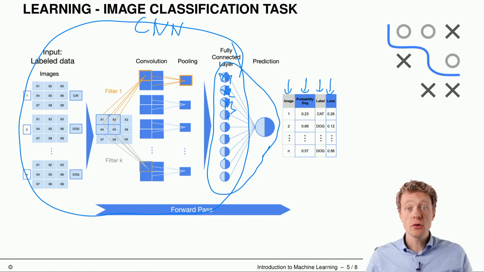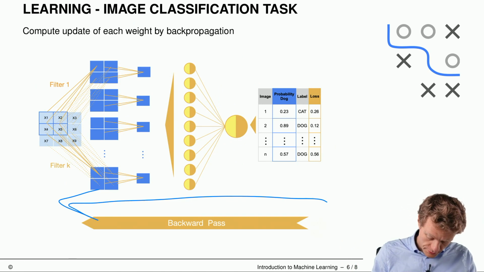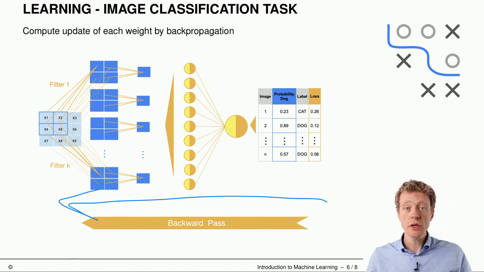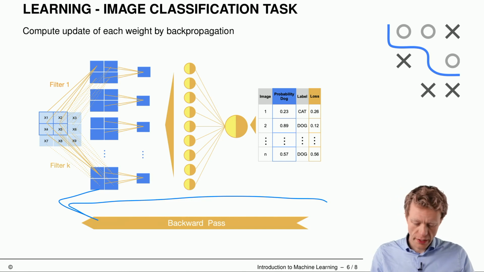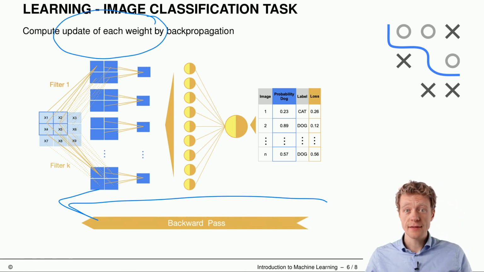Now the training is based on this loss, because we can, for example, do gradient descent and move backwards in this architecture. We know the loss, we take the derivative of the loss, and we ask ourselves in which direction we have to change the weights, or update the weights, such that the loss gets smaller.